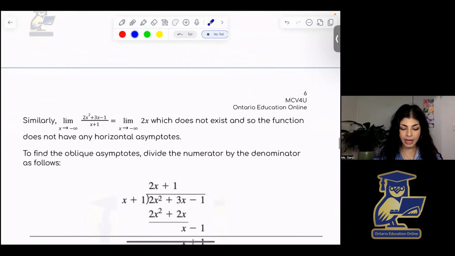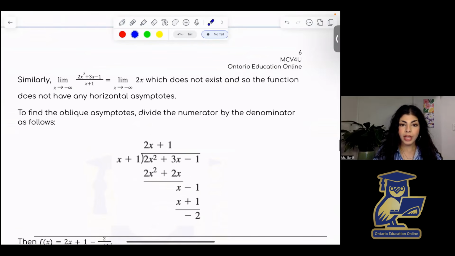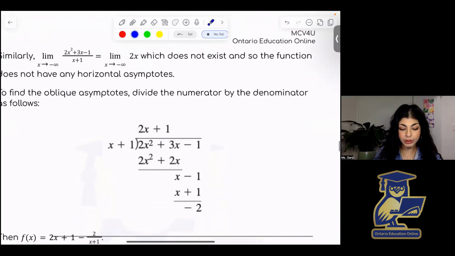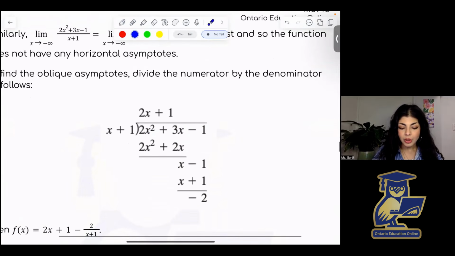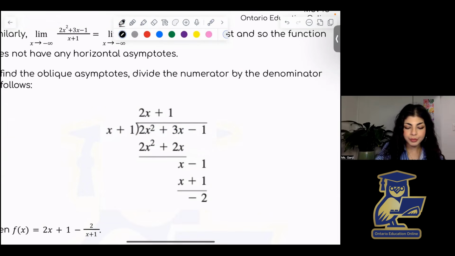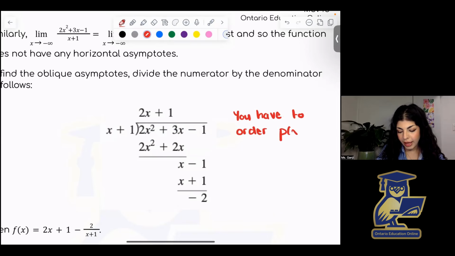Now, for the oblique asymptote, we actually have to do a process, which is to divide the numerator by the denominator using long division. So here's my numerator, 2x squared plus 3x minus 1, and this is my denominator, x plus 1. I look at the first two terms, and here you have to order p of x.